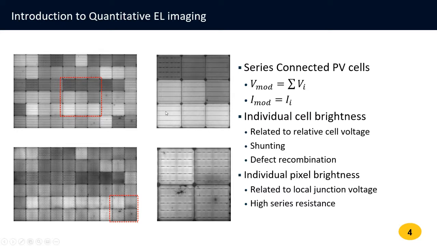Now this could be related to shunting or defect recombination, and this is due to the way that shunting or defect recombination will affect the relative cell voltages within a module. And then looking at the high injection EL image with this highlighted section over here, you can see that there is contrast difference across a cell, and that is related to local junction voltage, which can be due to partial disconnection or higher series resistance of the cell in those areas.